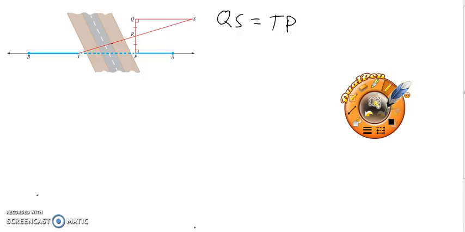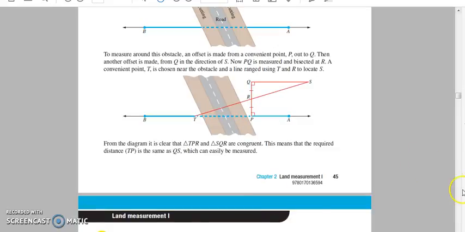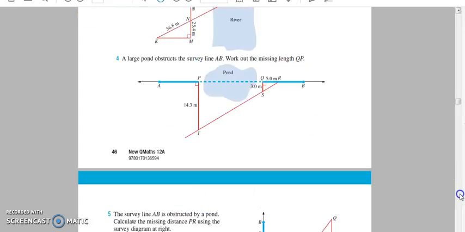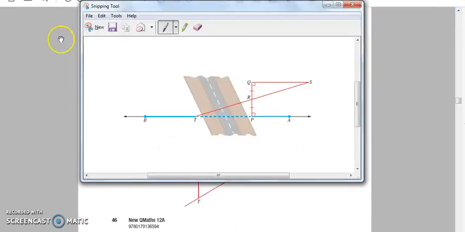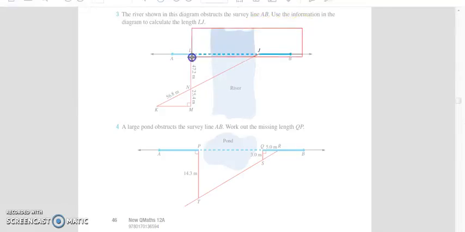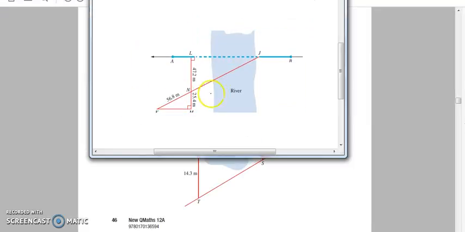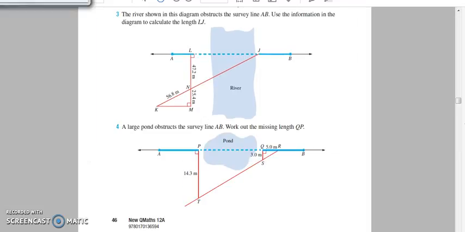Now, one of the ones which isn't done very well, or explained very well in the examples in your book, is what do we do with something like this? Sorry, just bear with me, please.